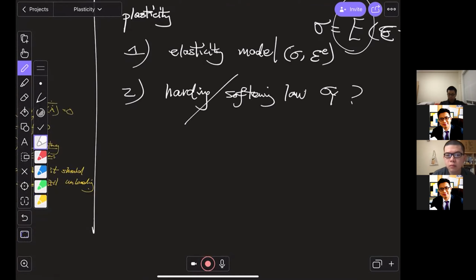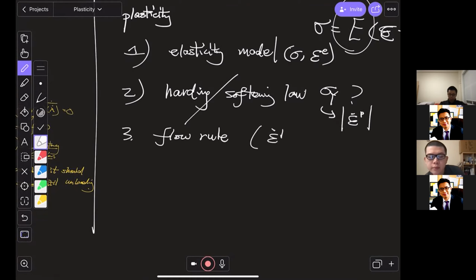It doesn't tell you what happened for the plastic part, but the second one gives you how the yield stress is changing according to the absolute value of epsilon dot p. The third one is the flow rule, or the plastic flow rule. It tells you how the plastic strain is accumulating, in terms of the magnitude and the direction.